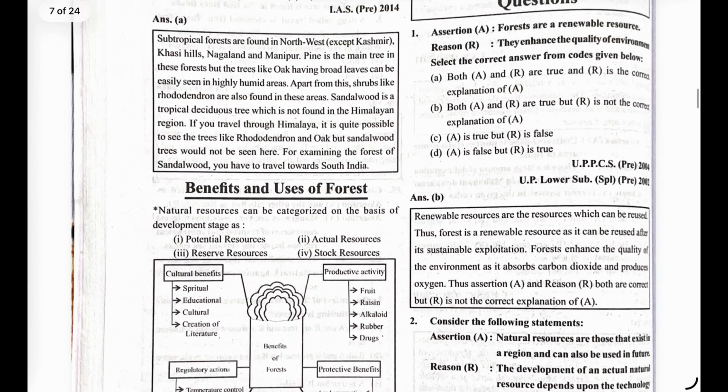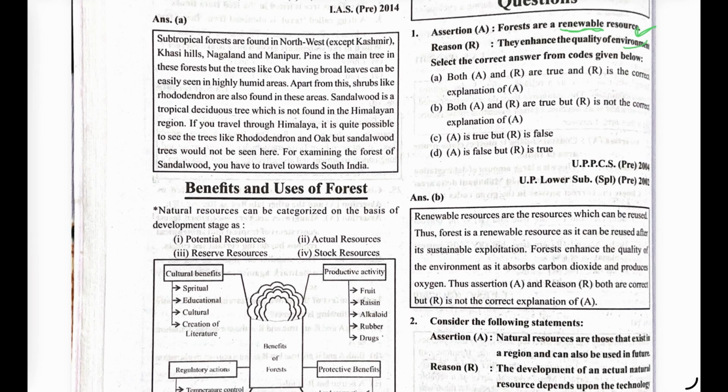The next one is: forests are renewable resources. Yes, you can plant a forest again. You can plant trees again and it becomes a forest. So this is renewable. Renewable means you can reuse it. In simple terms, they enhance the quality of the environment. This is also correct.